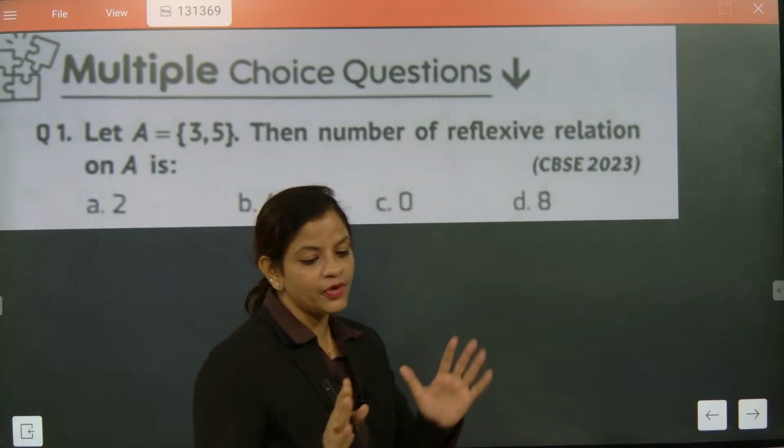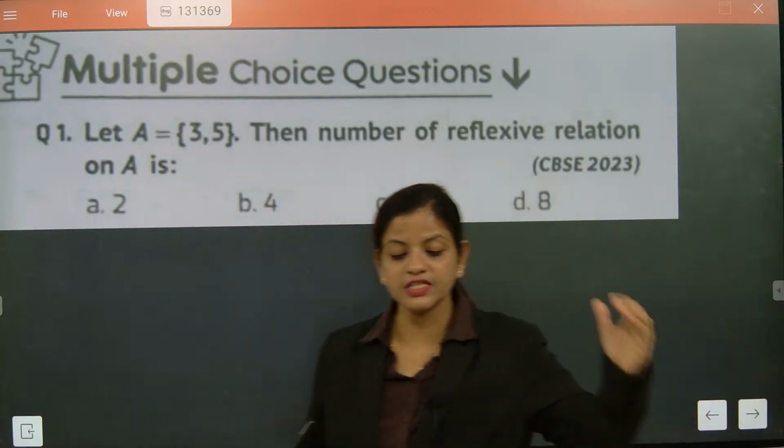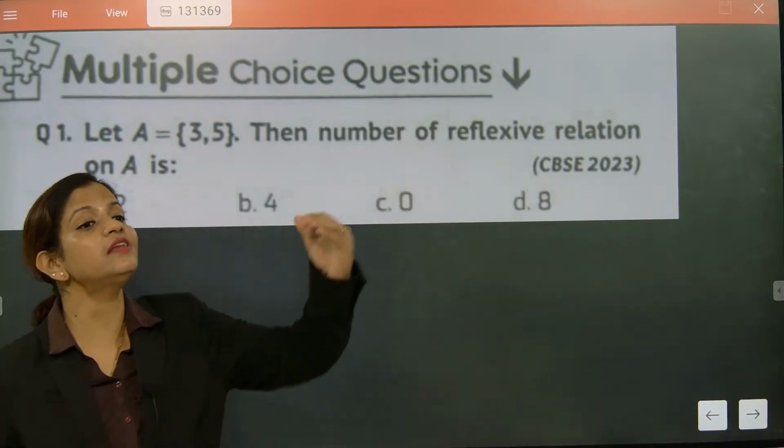There is a formula for the number of reflexive relations possible in a relation.